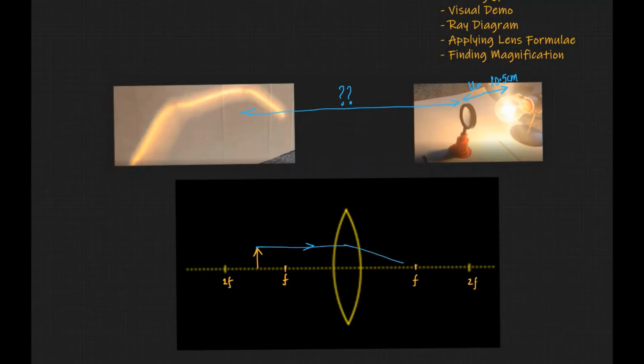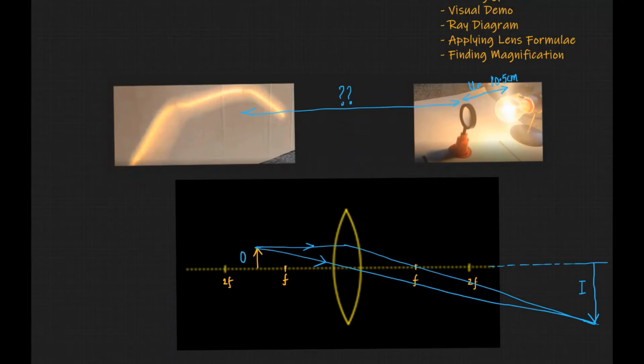That ray goes through the focal point, and another ray through the center of curvature goes straight, undeviated. So the image would be formed beyond 2f. That's where the image is formed. So this is I and this is O.